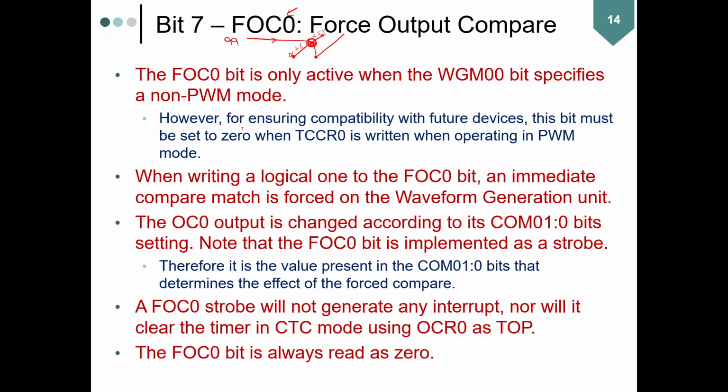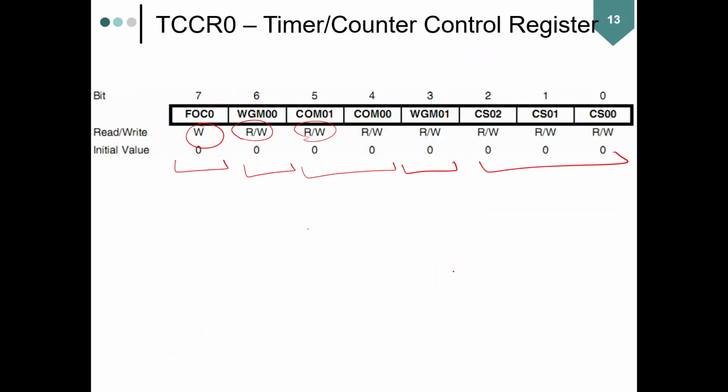So we see what is going to happen once the FOC0 bit is set to 1. It all depends upon the configuration of the COM0 bits, compare 0. These are bits 0 and 1 that we have already seen in this register.